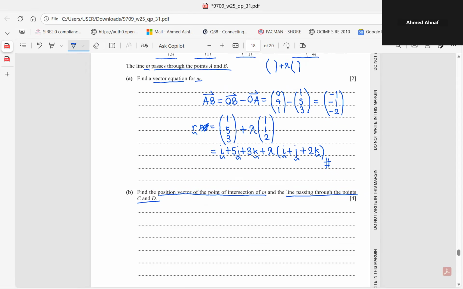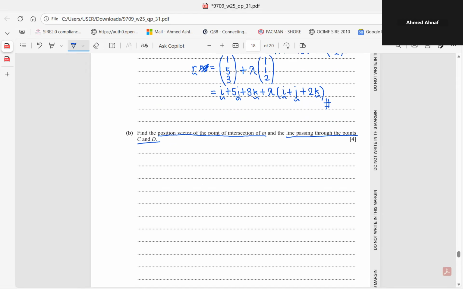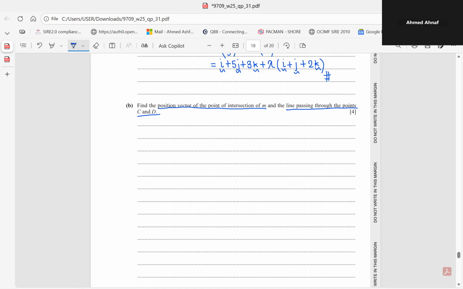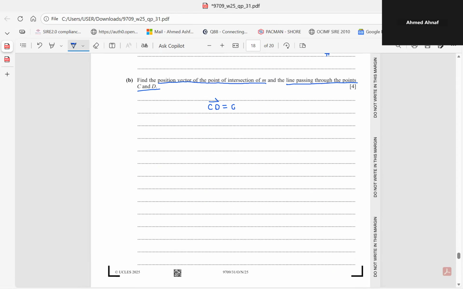So same process. We know the position vector. I'm just going to choose C. We don't know the direction vector, so let's find it out. So I'm going to choose CD. So that's just OD minus OC.